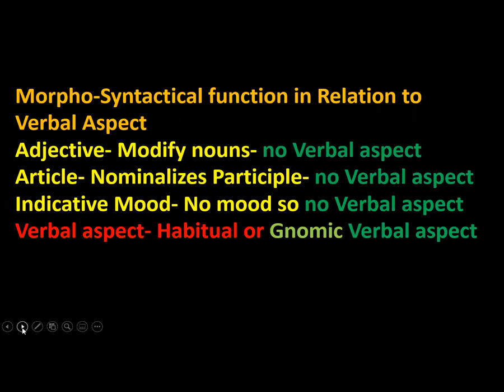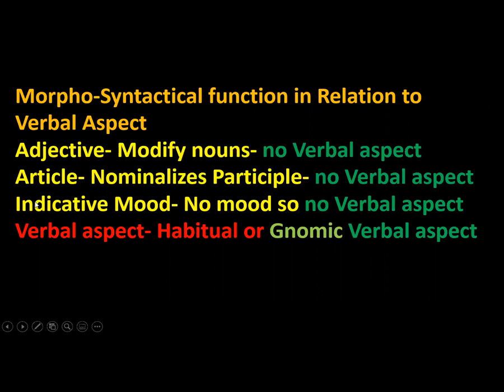In other words, you can call it a substantival adjective. So the point is, an adjective modifies a noun and therefore has no verbal aspect. Another thing that distinguishes the substantival participle from the adverbial participle is the presence of the article, which nominalizes the participle. If it nominalizes, it functions as a noun and therefore it has no verbal aspect.